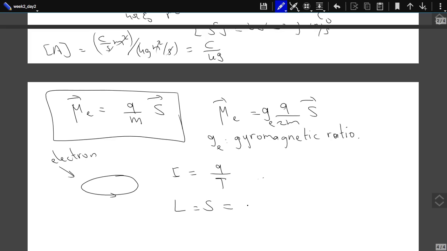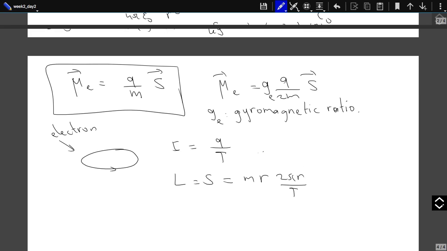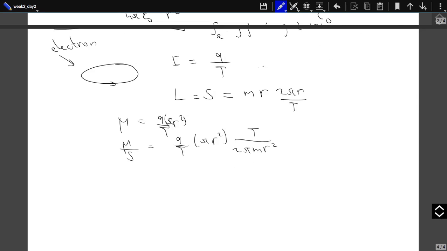Now the angular momentum is r cross p, so it will be m r times 2 pi r over t. So mu is q over t times pi r squared, I times the area. Mu over s will be q over t pi r squared times t over 2 pi m r squared.